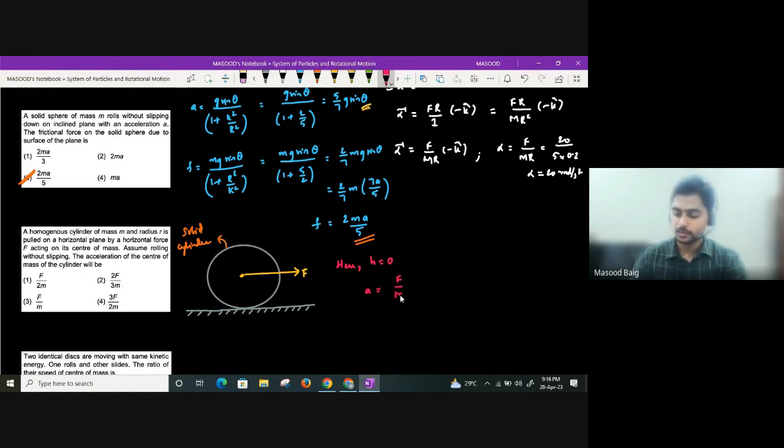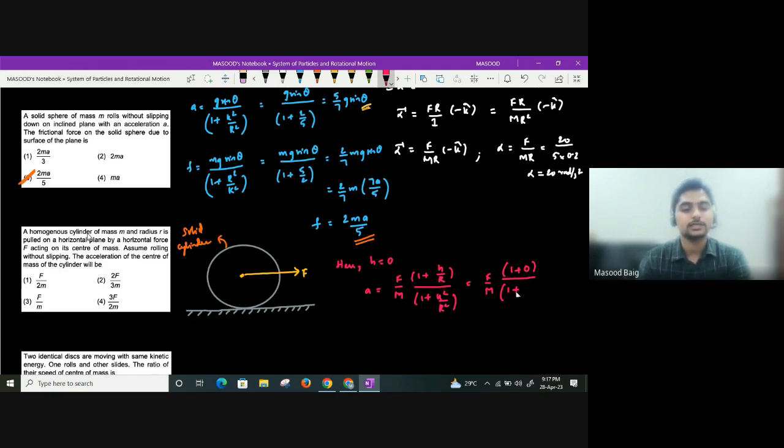F by m into 1 plus h by r divided by 1 plus k square by r square we got. Yes or no? So what am I going to get? F by m. Already in the numerator, h value is 0, so I am going to get numerator as 1 plus 0, which is anyhow going to be 1 only. But in the denominator, what is k square by r square value?